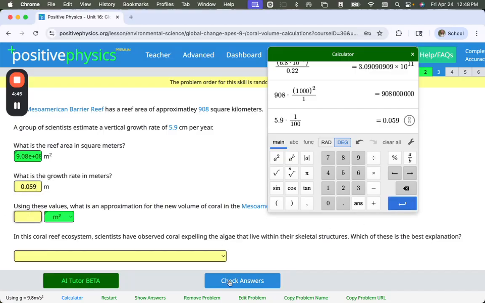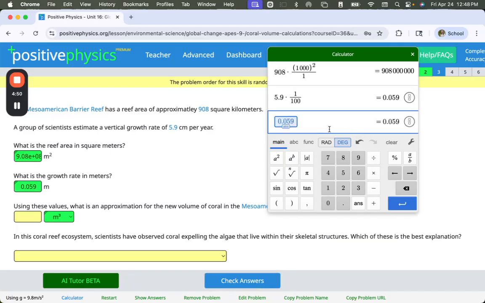And now I can multiply those two values together. So I can take that answer I just had times that other big number that we just had.